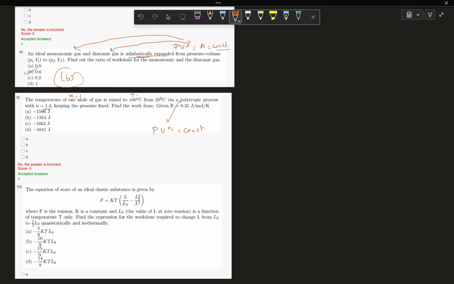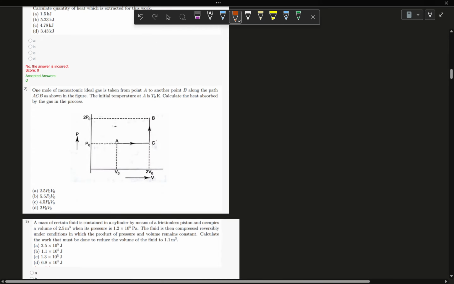T2 is 100 degrees centigrade. This is the final temperature, and T1 is the initial temperature, which is 20 degrees centigrade. And you are keeping the pressure constant. Then you have to calculate what is W, right? And you have the information that this is a polytropic process. So let us solve.